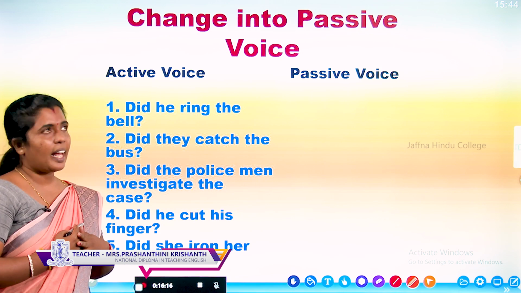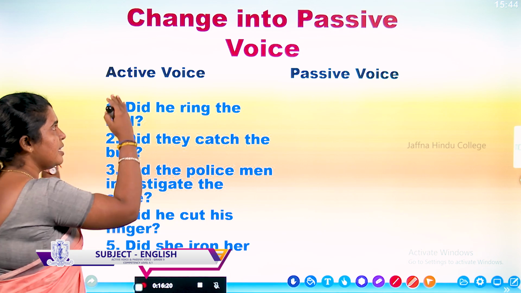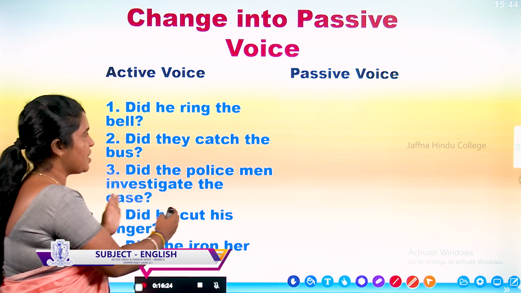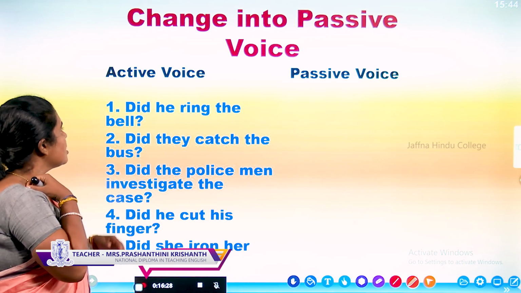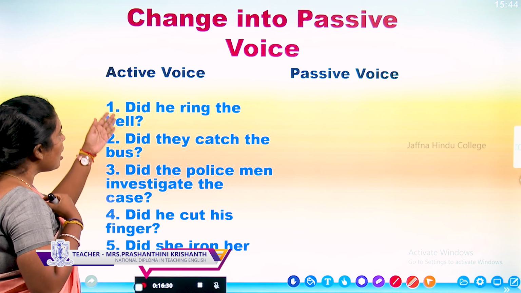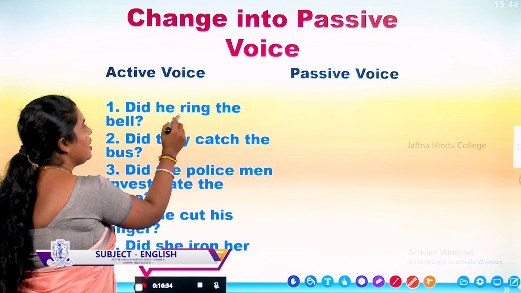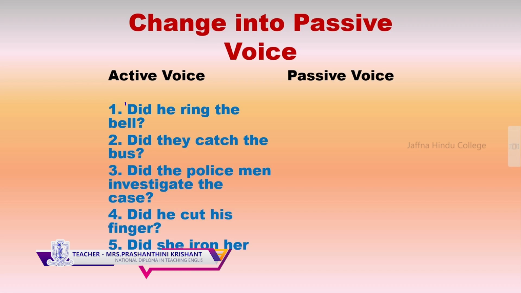Okay, this is an activity. Change into passive voice. In this side you have active voice sentences, interrogative sentences, this side passive voice, right? See there, all are interrogative sentences, okay? Did he ring the bell? So, we know did and verb is here. So, this is exactly past tense.